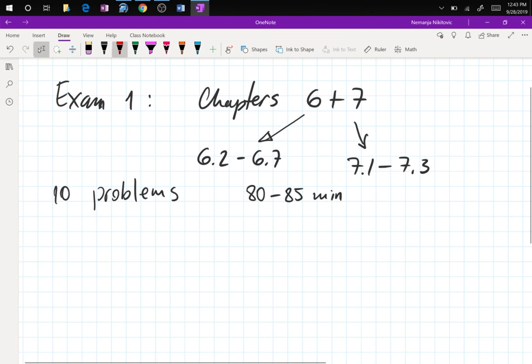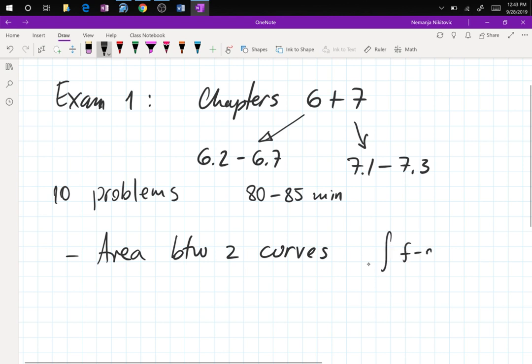Now, if we are going to look at individual topics for the exam, you have the area between two curves, which is just the integral of f minus g dx.